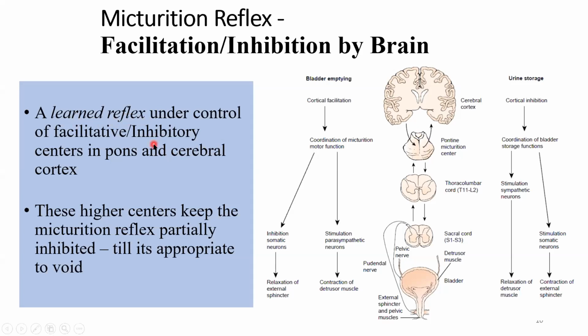How to use the higher centers to influence the emptying of the bladder is something that you learn early in life, and later on as well. That's why we call it a learned reflex. And for most of the day, when you're out and about, it's the higher centers which keep this micturition reflex inhibited.